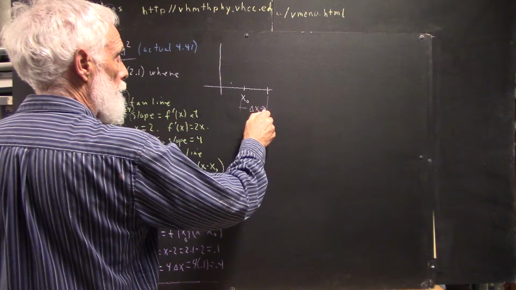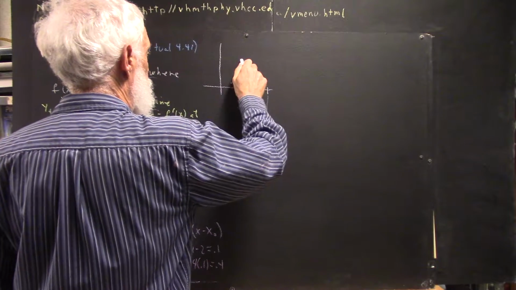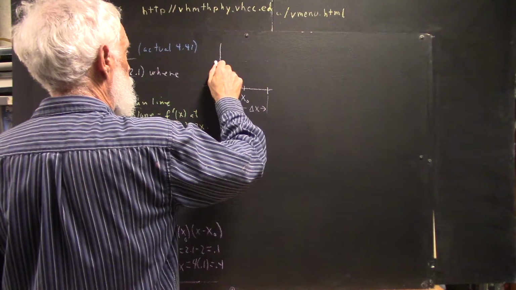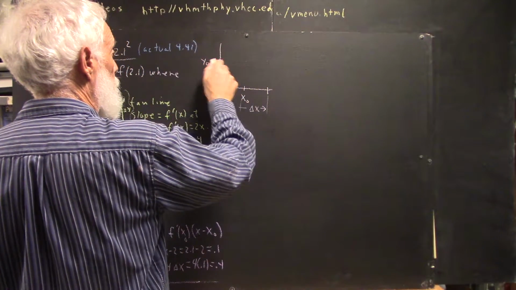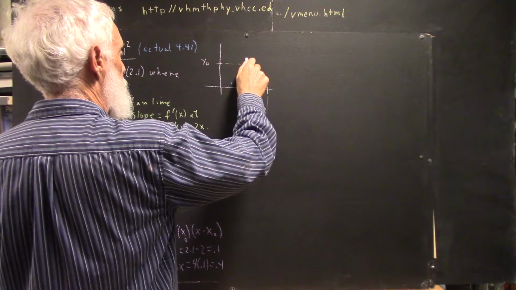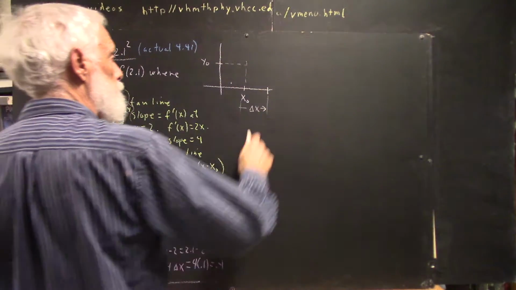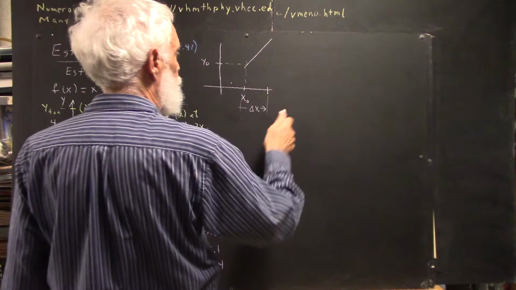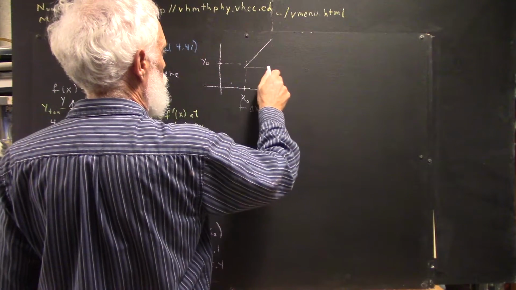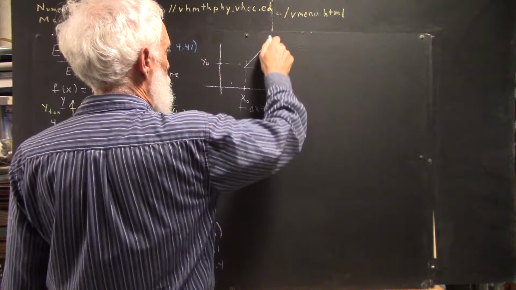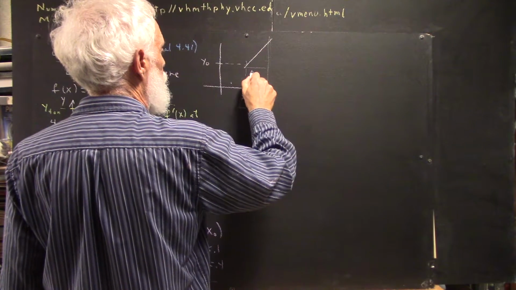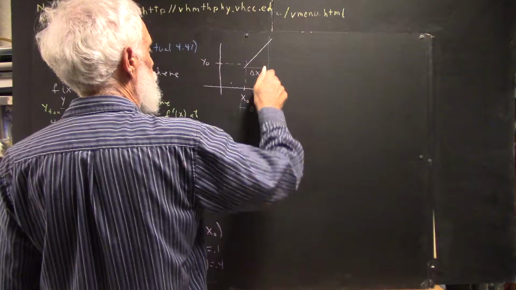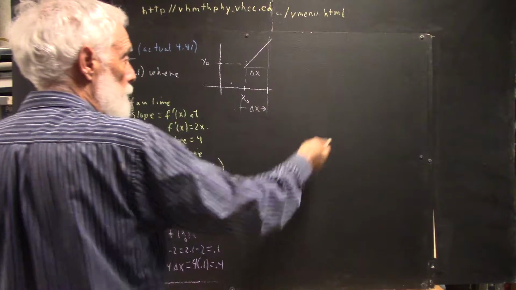Then we have some value y naught, and we have some tangent line slope, which means that if we move over delta x units, our x value will be x naught plus delta x.